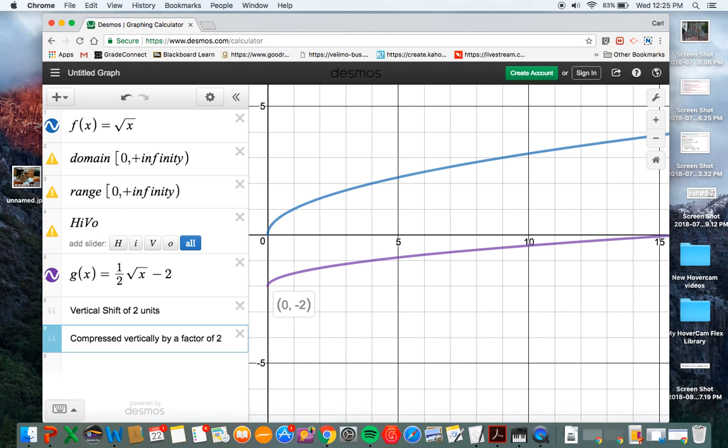Because if we take 1 divided by that 1/2, that's implying that, or no, sorry, compressed vertically by a factor of 1/2. I was looking at the other horizontal stretch and shift, but that's fine.